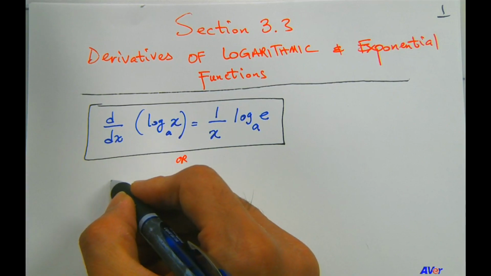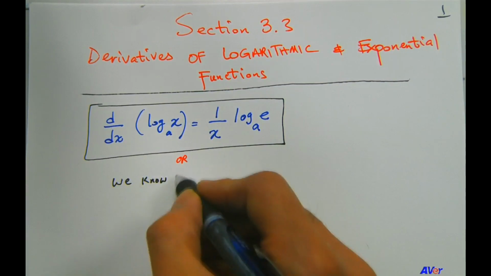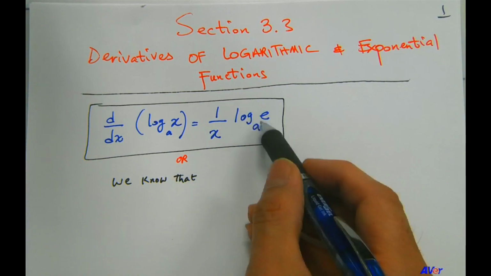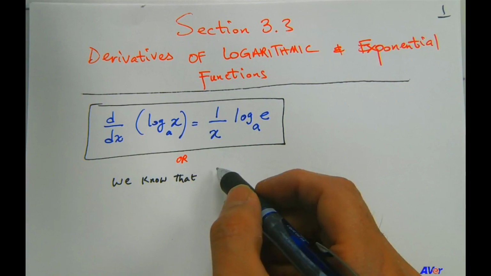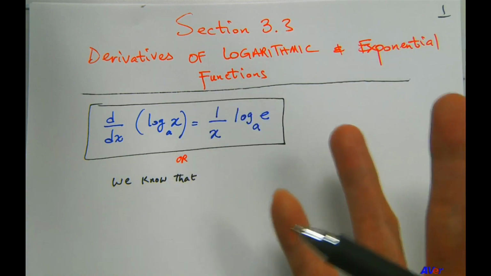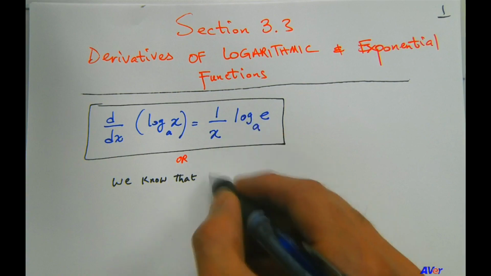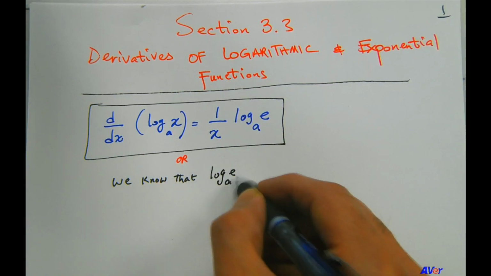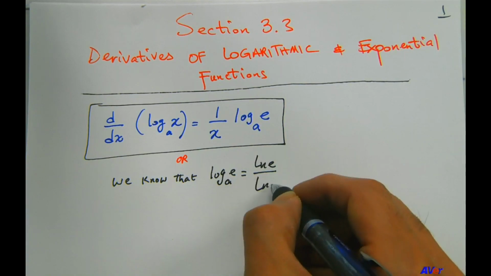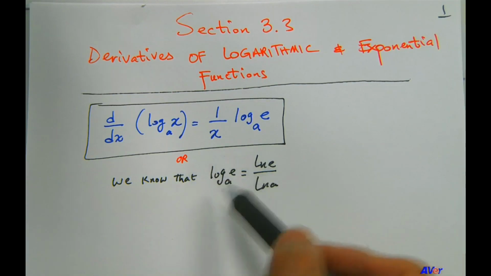We know that the log of any value can be written using the change of base formula, right? We talked about the change of base formula in the previous section. So using that, we can write log of e to base a as natural log of e over natural log of a. That's just applying the change of base formula.